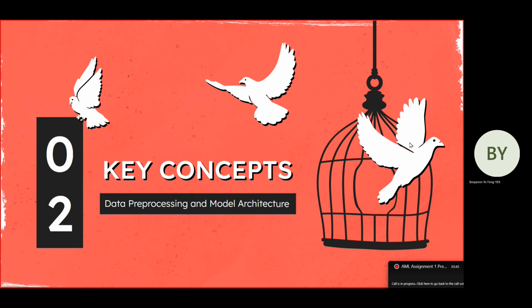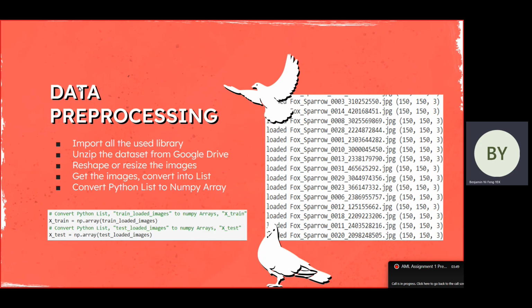Yeah. So I will talk about the key concepts that I use in this assignment. First of all, for the data pre-processing step, I import all the libraries I use, and I unzip the dataset from Google Drive. After I unzip and extract all the data from the images, I do the normalization function to resize the images.